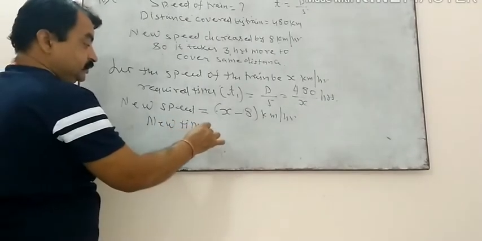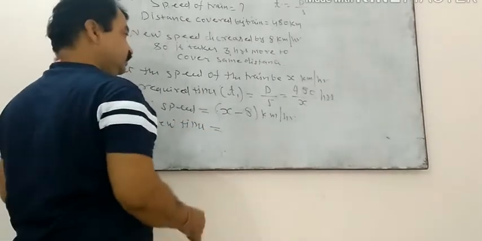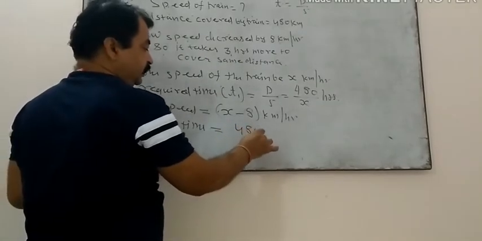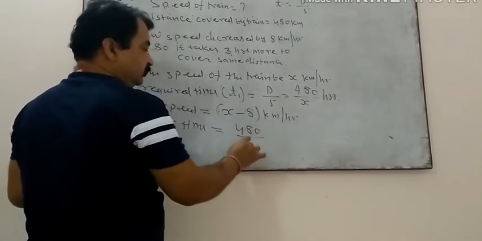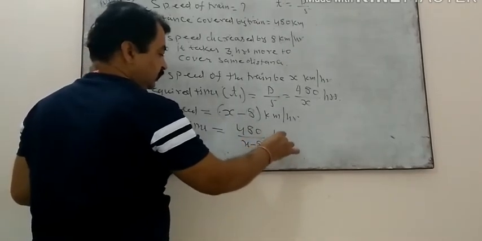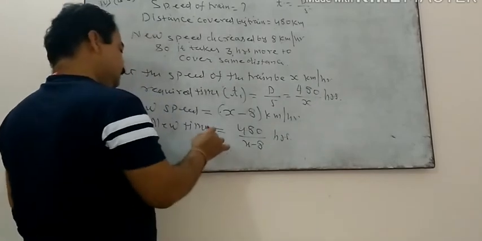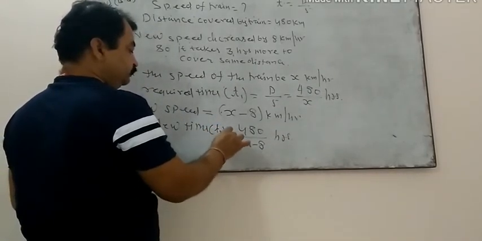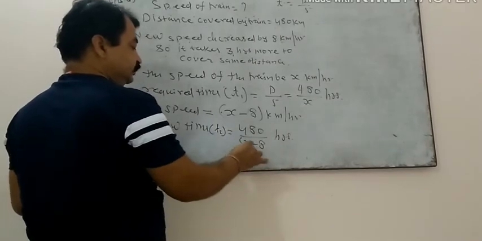Distance is same. Distance is fixed here, 480 km. So same distance upon speed, that is 480 upon speed. Now it is x minus 8 hours. So this is the new time, that is the T2. You can take time T2 for the second condition.